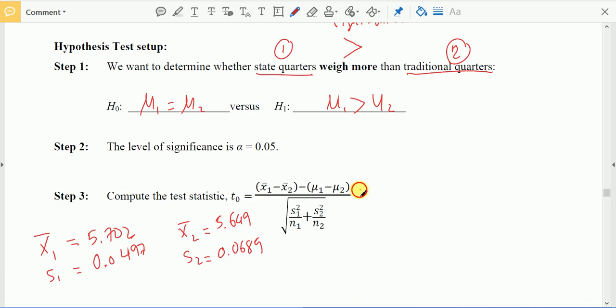Now let's see what value we get here. x1 bar, 5.702, minus 5.649 here, and then minus 0 because they are equal.